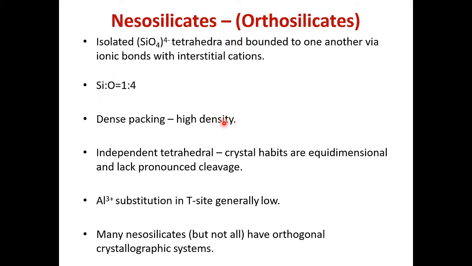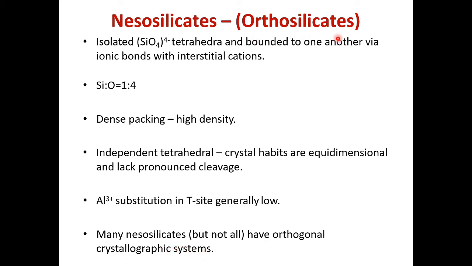The packing is dense, so the density of the minerals which are nesosilicates is high, and there are tetrahedra which are independent, and there is very low substitution of aluminium at the site of silicon. Many nesosilicates, but not all, have orthorhombic crystallographic systems.